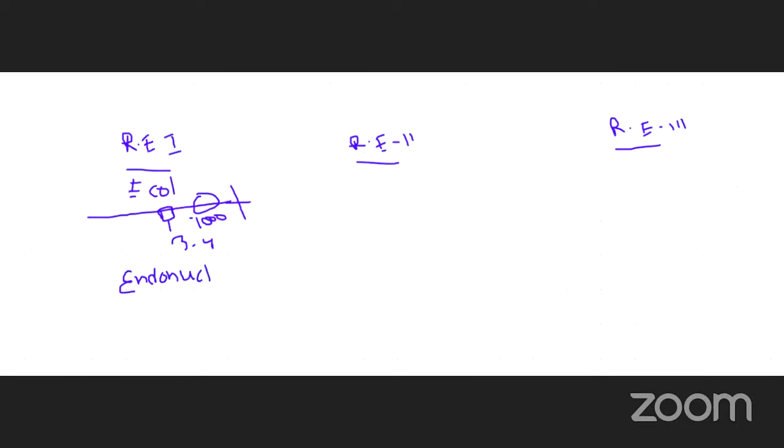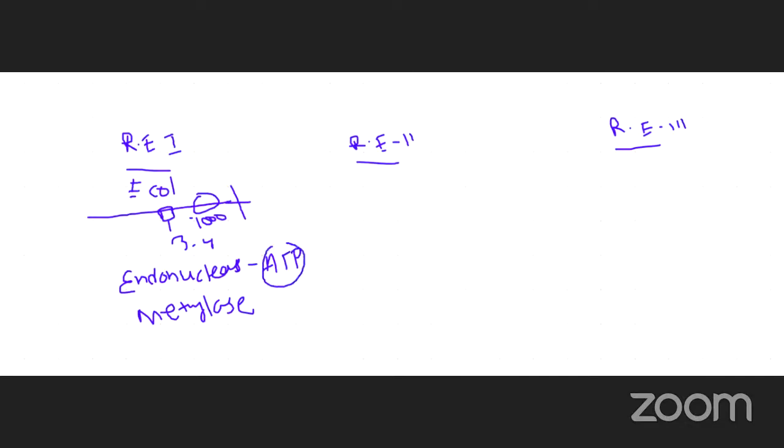Another function is methylase activity. Both functions. And the endonuclease activity requires ATP energy. Endonuclease activity means cutting the DNA. To cut the DNA, it requires ATP energy.